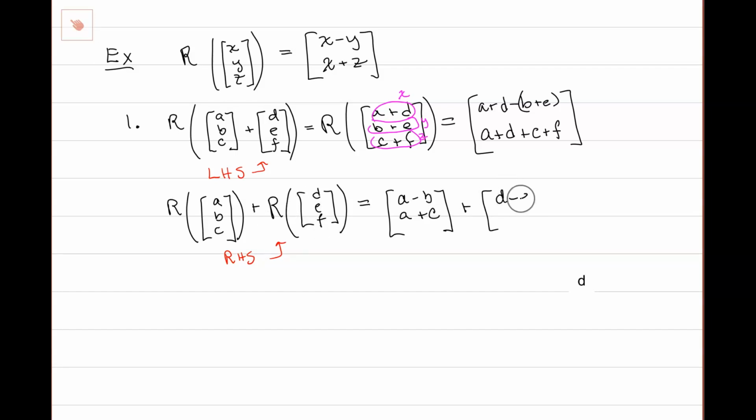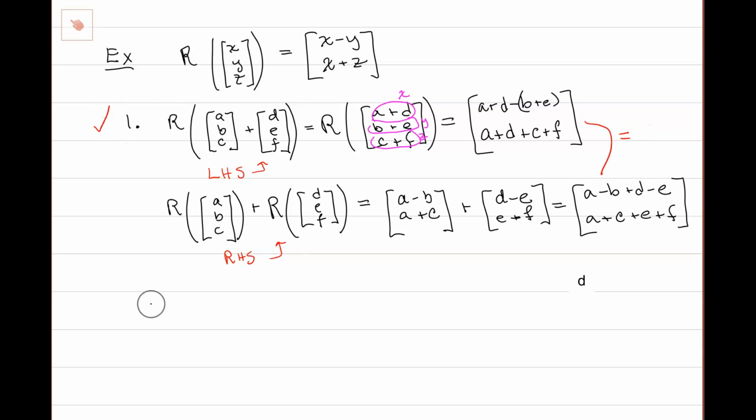That will be D minus E and D plus F. Summing these two things up, I'll get A minus B plus D minus E and A plus C plus D plus F.